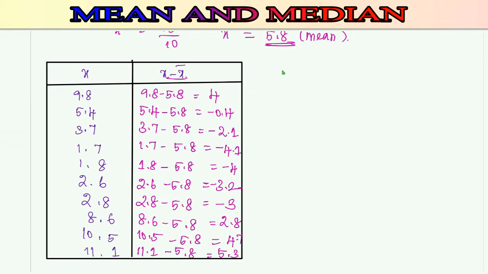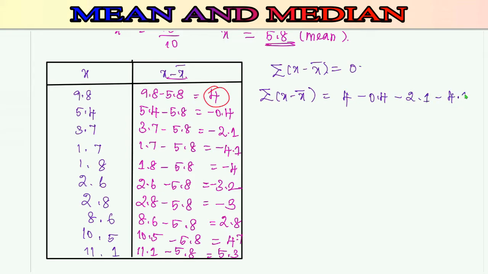Now we need to find sigma (x minus x bar), which should equal 0. Sigma means you just have to add all the values. Sigma (x minus x bar) is equal to 4 minus 0.4 minus 2.1 minus 4.1 minus 4 minus 3.2 minus 3 plus 2.8 plus 4.7 plus 5.3.